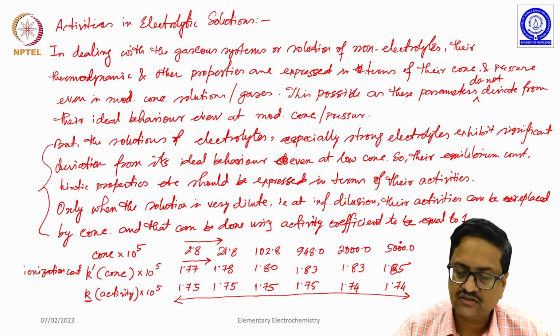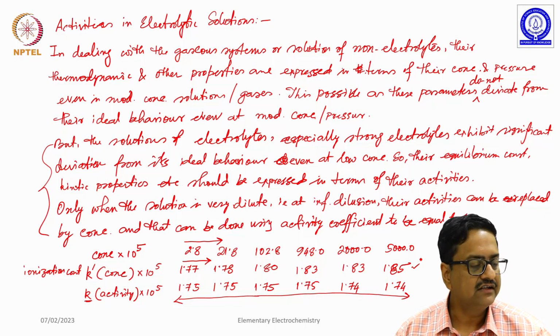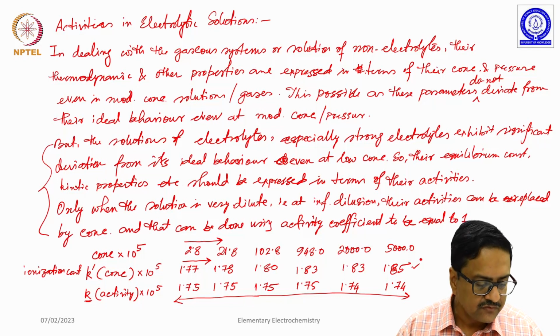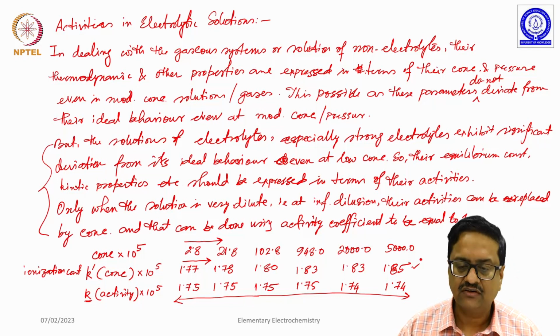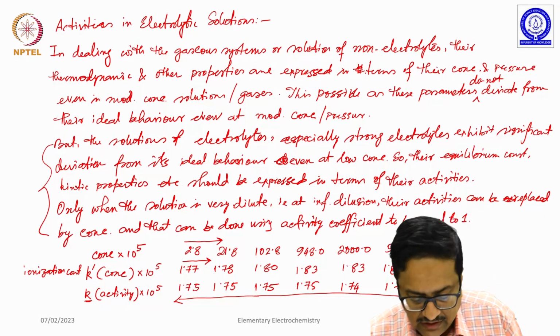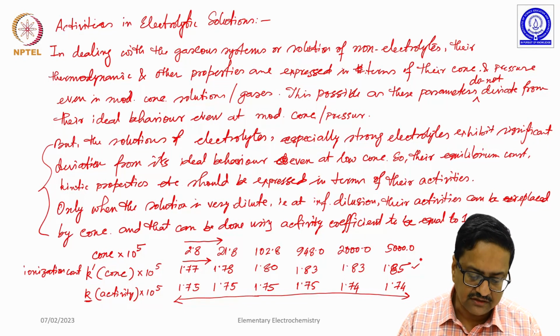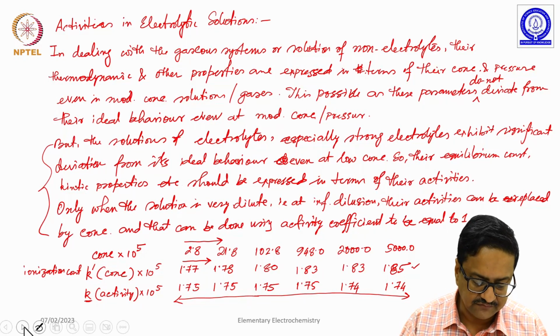So, with the increase in concentration, the value of K prime has increased significantly, whereas that of K did not increase. So, we need to develop a relationship between the concentration and activity, and then use appropriate values of concentration to get the correct activity, etc.